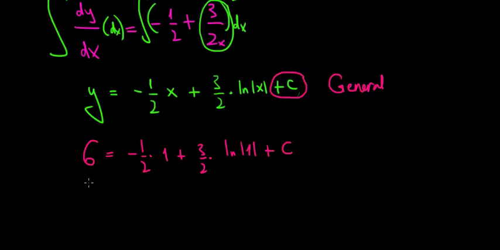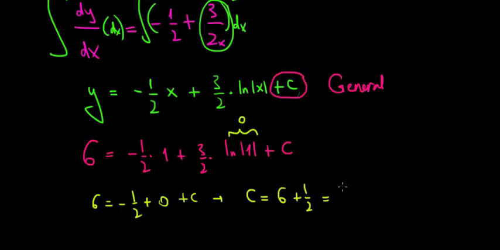Okay, let's do the math. We have 6 equals to minus 1 over 2 plus ln of 1 is just 0, so that's going to be 0 plus the constant, which means that the constant is going to be equal to 6 plus 1 over 2, which is 6.5 if we write it more mathematically.